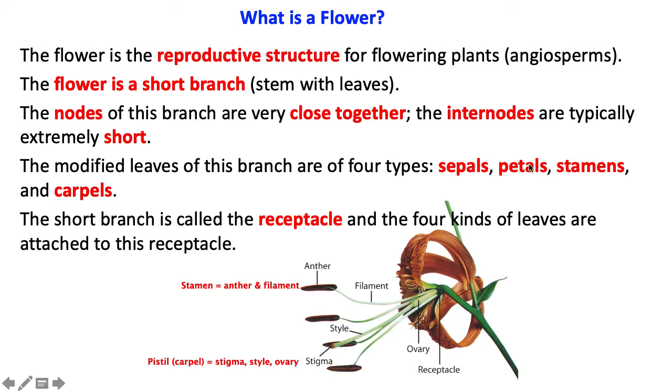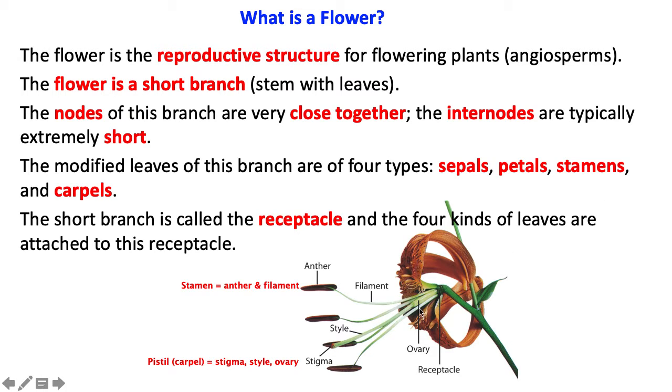These are the 4 modified leaves that are attached to the receptacle.